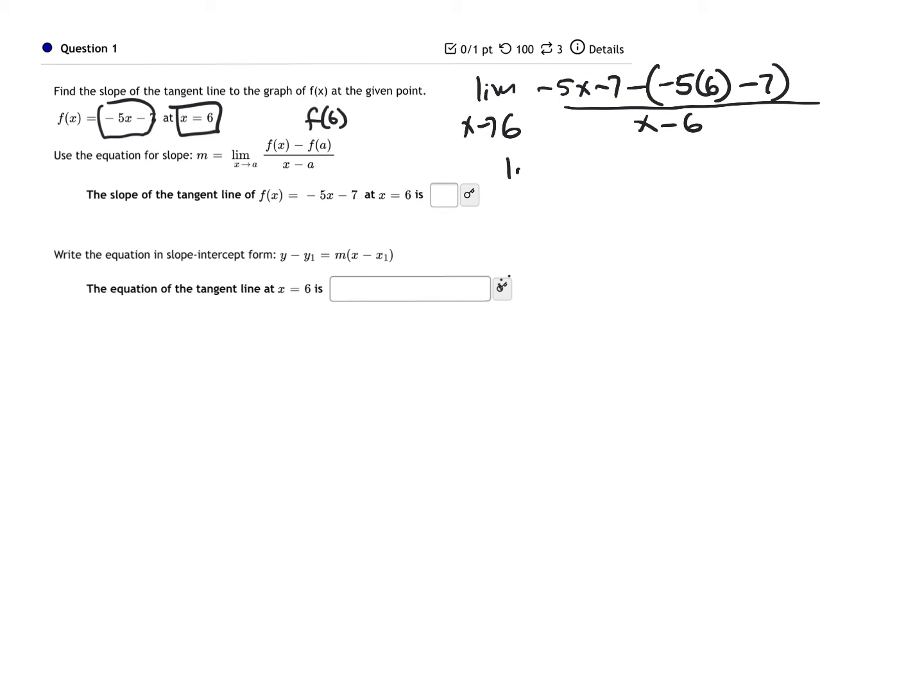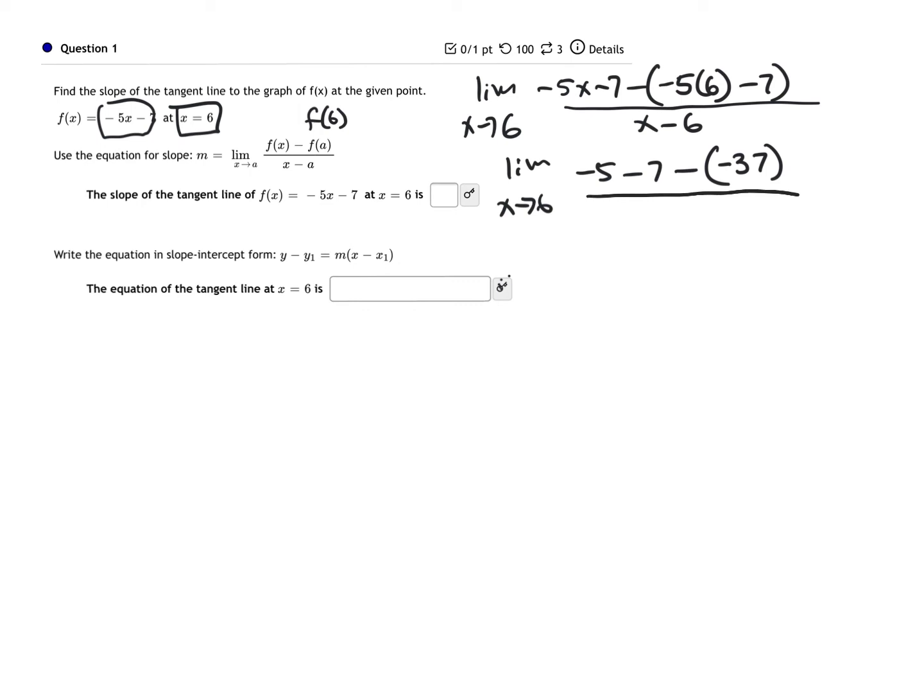So let's simplify the top a little bit. So I have the limit as x approaches 6 of negative 5x minus 7 minus. Now I'm just going to simplify what's in the parentheses here, and that will be negative 37 in the parentheses. That's going to come in handy later when I want to find out the y value when I put this into the equation.